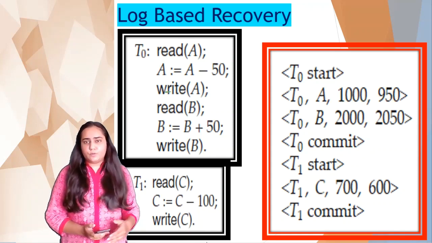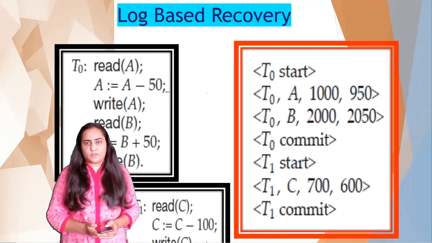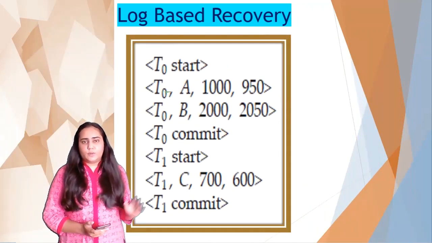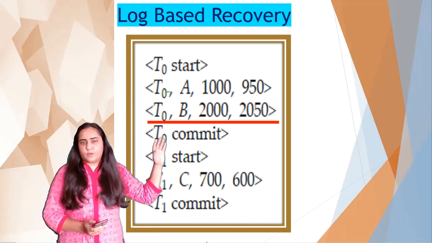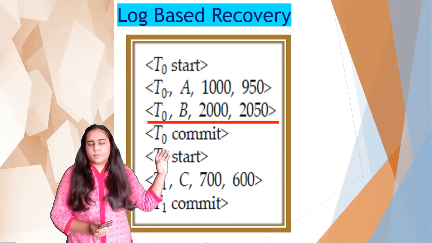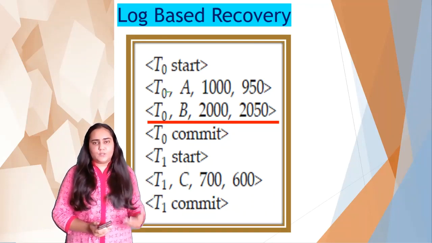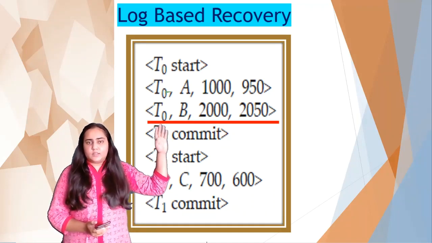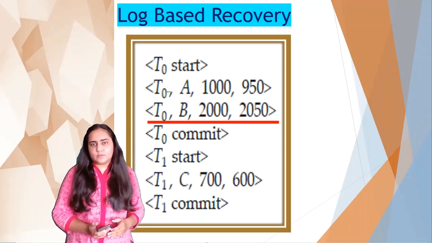Now let me show you how we can use this log in order to make a database recovery. In this log, consider that there is a failure at this point, which means only 3 entries were made in the log, and after that there was a transaction failure. And this is all my log contains, the first 3 lines.